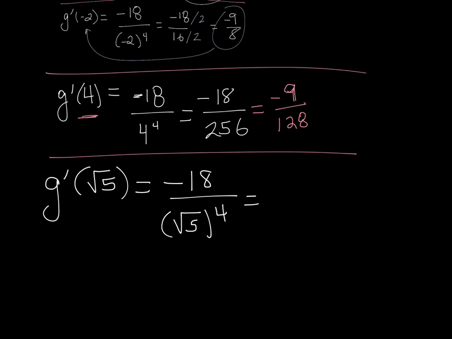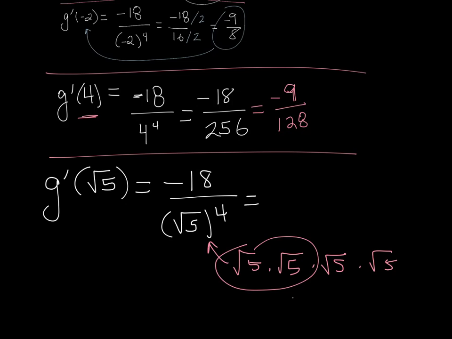You could write this as a rational exponent, or you could recognize that it means the square root of 5 times the square root of 5 times the square root of 5 times the square root of 5.